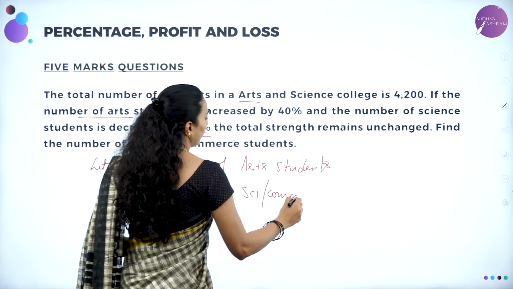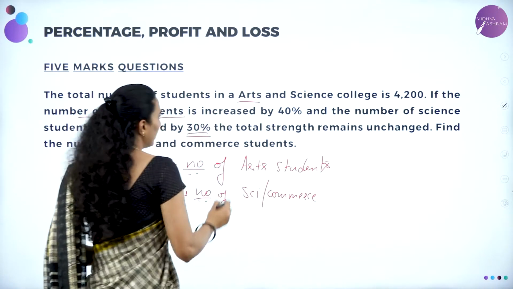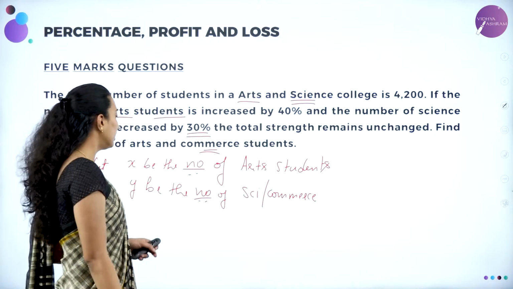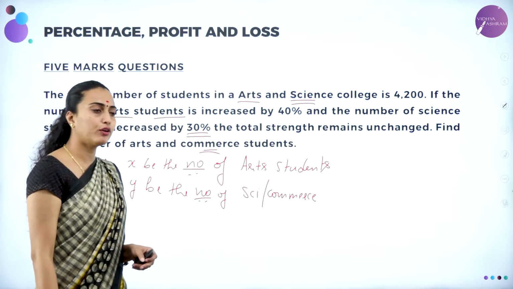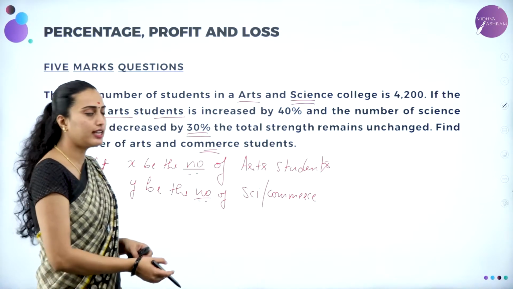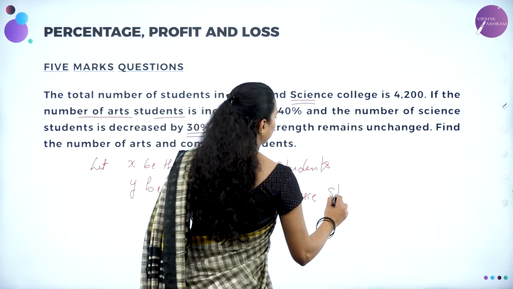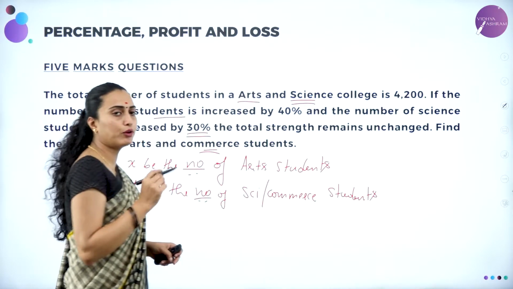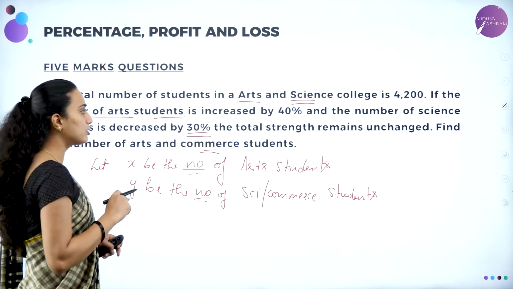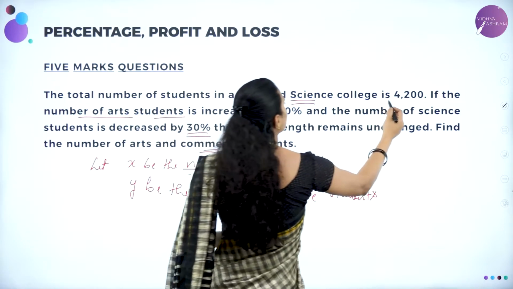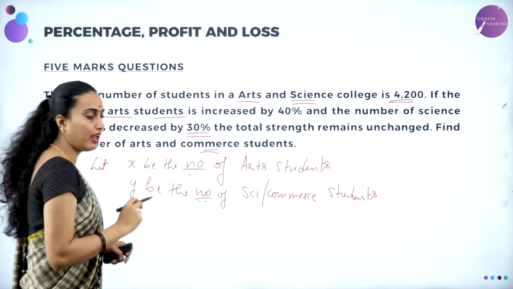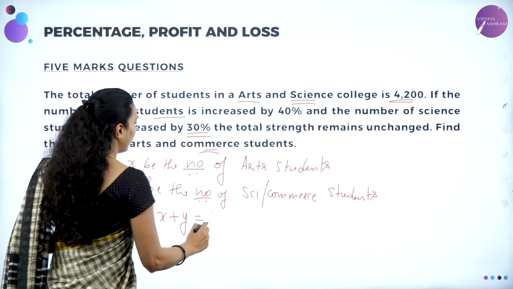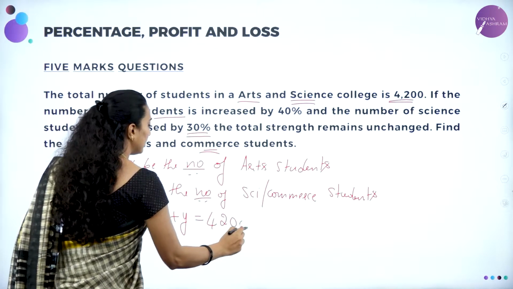Because they have given here one term, science, only science can happen, or commerce it can happen. So I have taken, let Y be the number of science or commerce students. So together, the number of science and commerce or art students, they have given as total, it is nothing but 4,200. Therefore, X plus Y is equals to 4,200, isn't it?